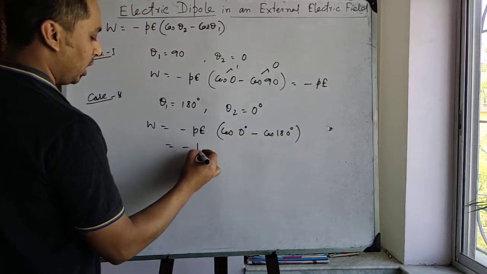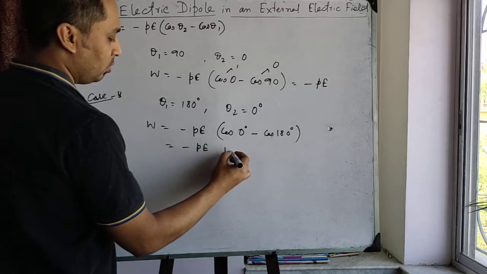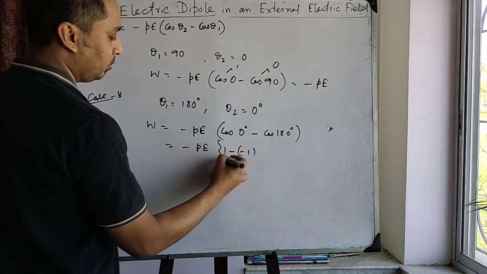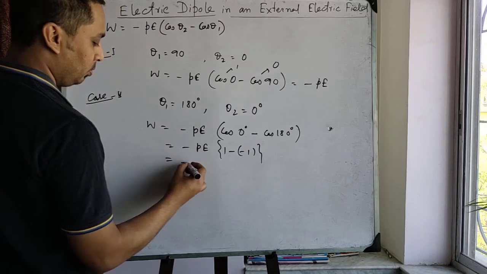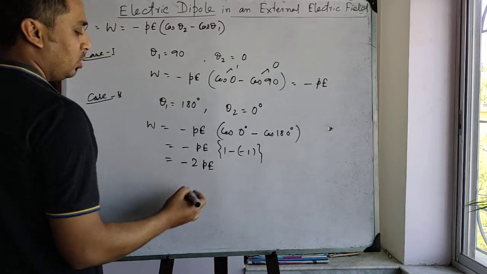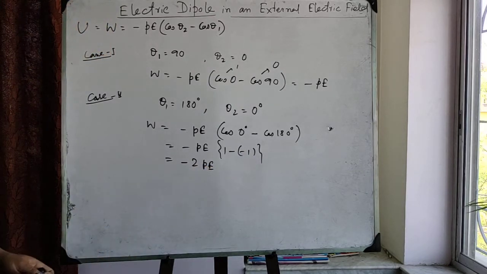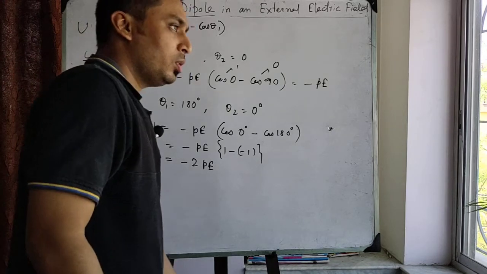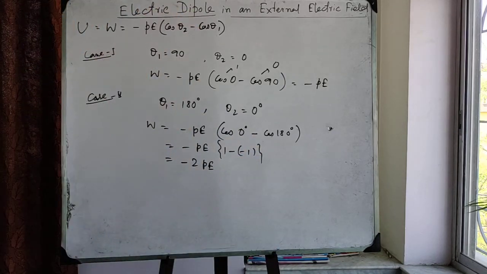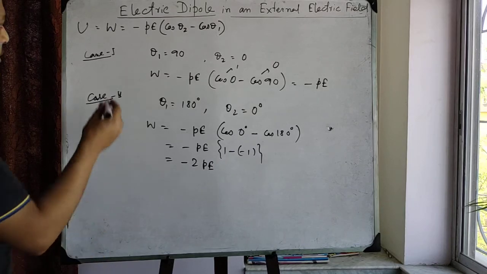So this is equal to minus PE times 1 minus minus 1, that is minus 2PE.